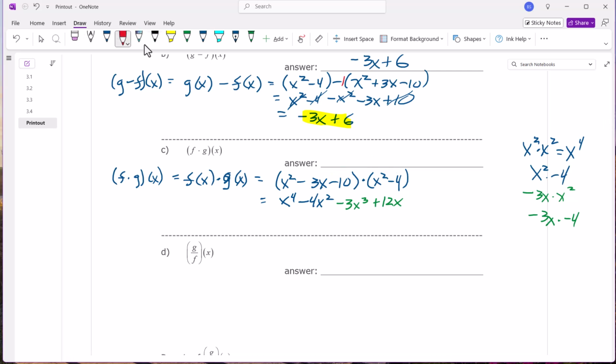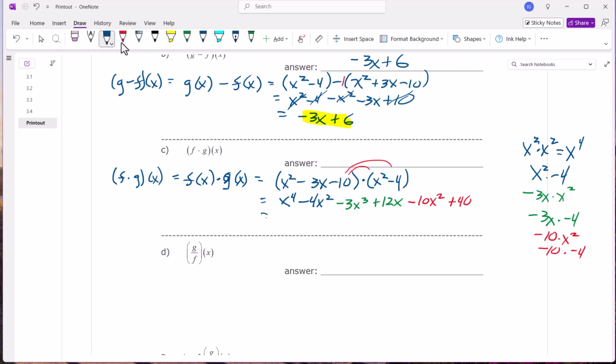And then the last thing we'll do is negative 10 times x squared, which is negative 10x squared. And then finally negative 10 times negative 4, which is positive 40. So see, we're doing 6 multiplications. You have 3 things in the first parenthesis and 2 things in the second parenthesis.